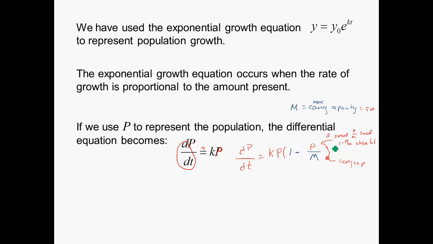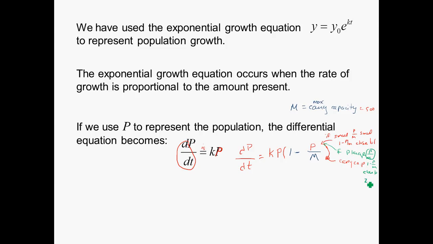Versus if P is large, approaching the carrying capacity, then P over M is close to 1. Not 1 minus P over M, just P over M itself is close to 1, which means 1 minus P over M is close to what?